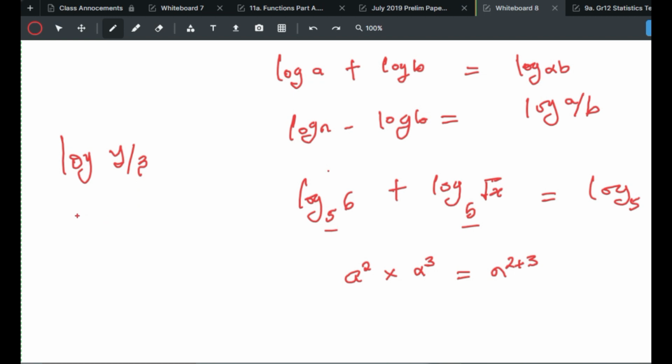We understand that this is just the same thing as saying log y minus log 3. Now, you are allowed to give it its base. So if this is like 10, we don't write 10. If this is like 9, then you can give this 9 and give this 9, regardless of what the question is. Does that make sense? Yes, sir. Okay, so to be honest, that is all what log rules are.